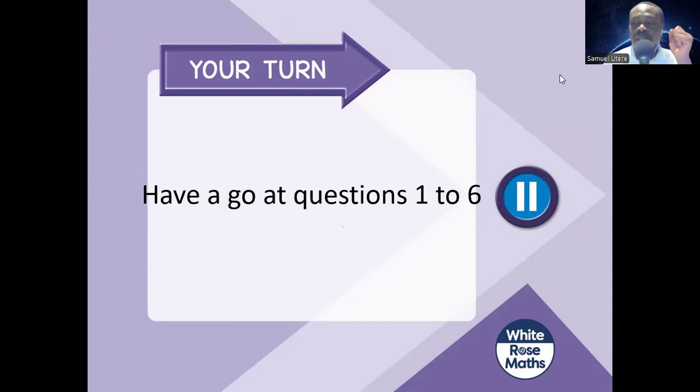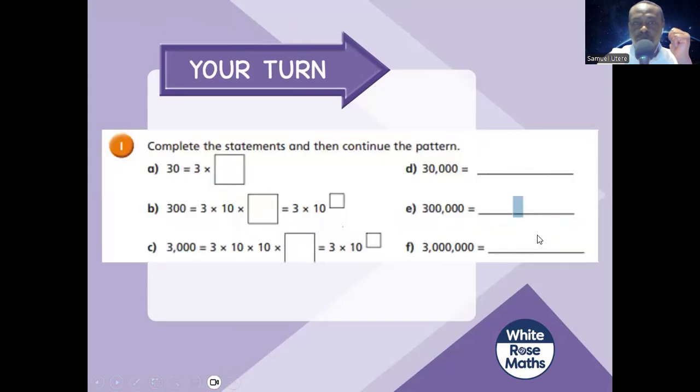If you can do that, then you can write the number in standard form. We also learned that it's possible to take a number and rewrite it from standard form into an ordinary number. You use the same ideas that you have learned in this lesson and in the previous lesson. So pause the video and answer questions 1 to 6.